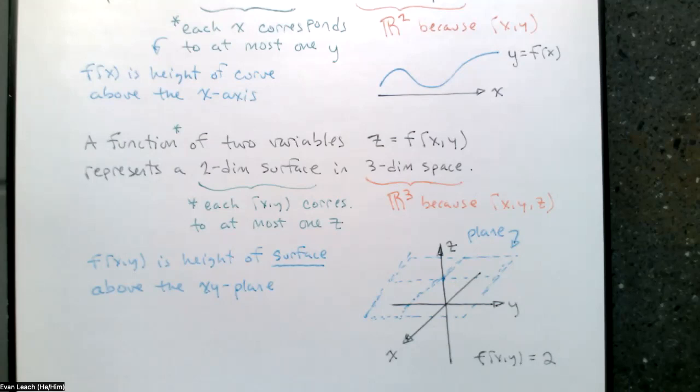I got 3 as inputs and 1 as output. So a function of 3 variables is going to be some object in R4. How many dimensions will the object be? 3. So a function of 3 variables will represent a 3-dimensional solid in 4-dimensional space.